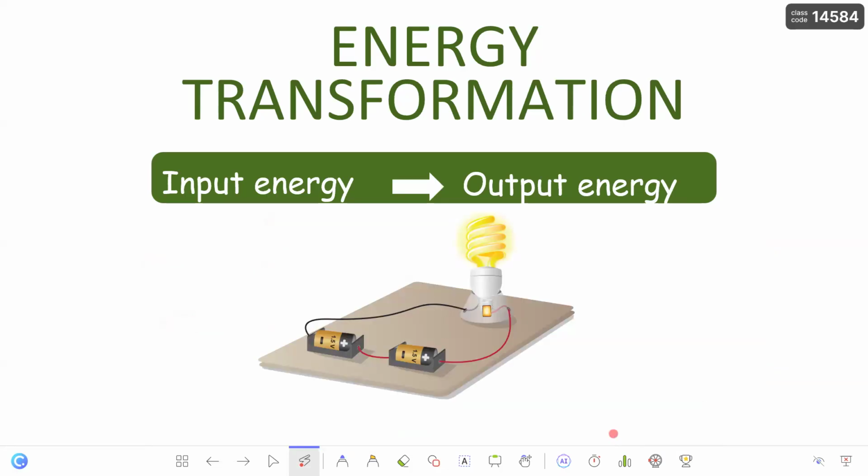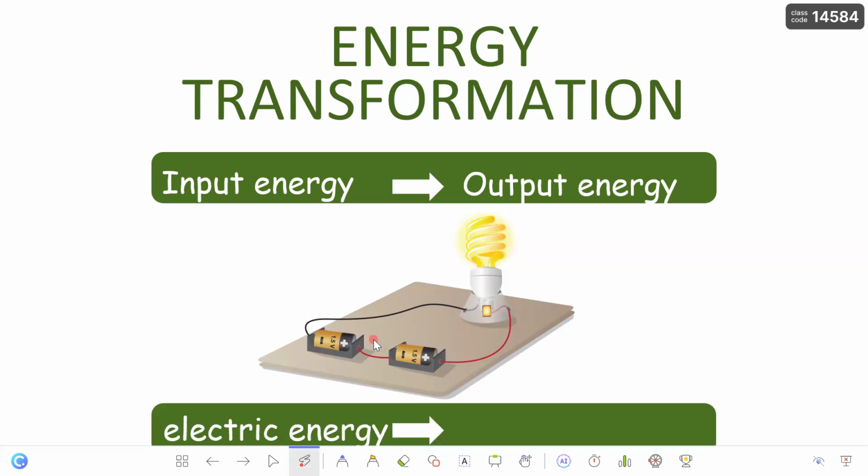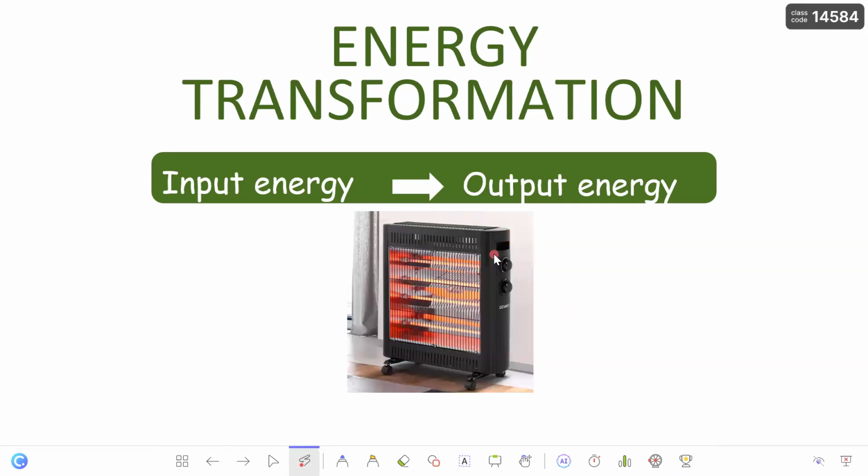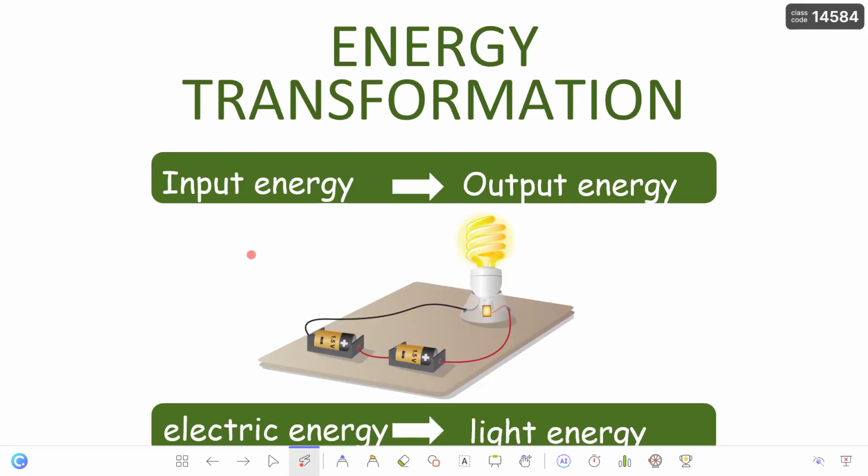Another example, as you notice here, to turn the light on, I need the batteries. Here in this example, we need the batteries. The batteries give us chemical or electrical energy. Chemical energy transforms to electrical energy. When I turn the light bulb on, this electrical energy changes into light energy. Okay, again, I need to focus on this example.